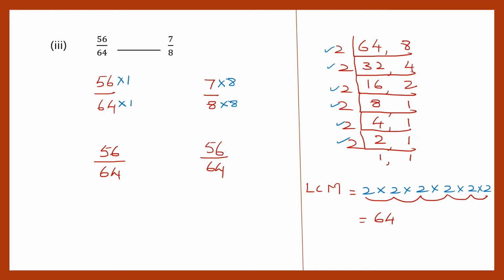Now, can you see, children, both the denominators are the same. So they are equal to each other. So this is equal, and finally we write equal here.